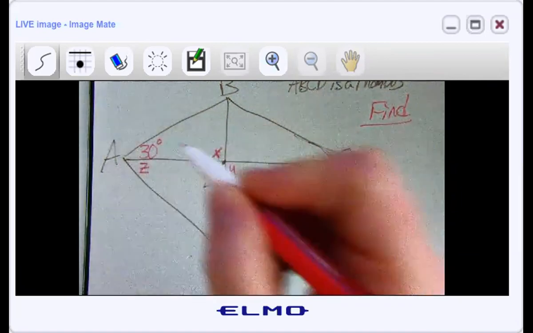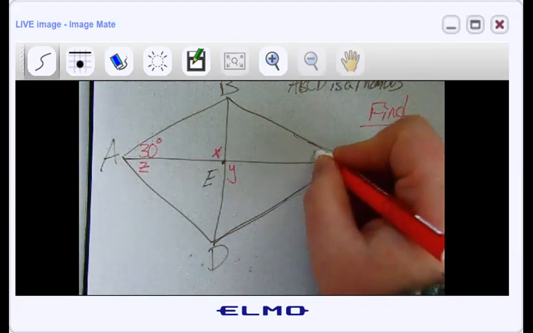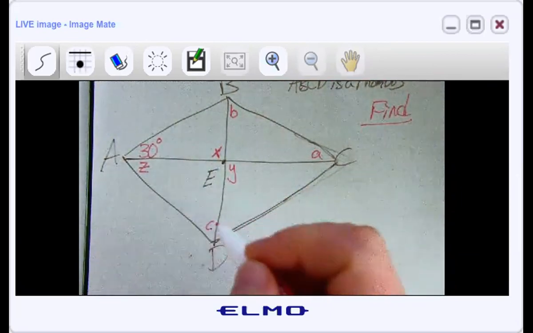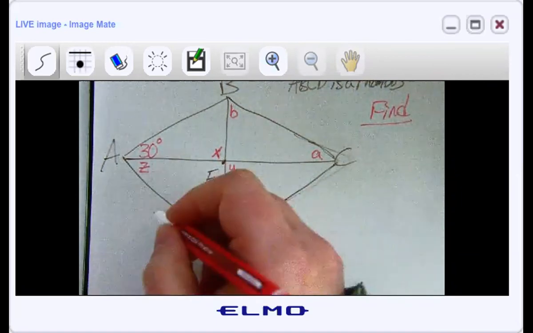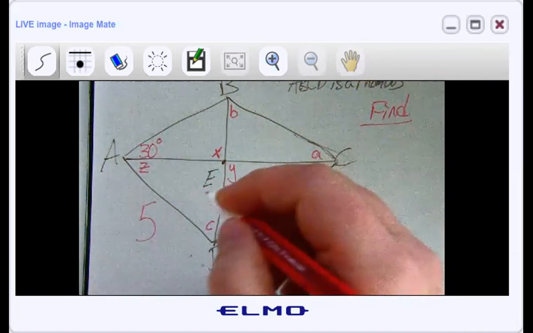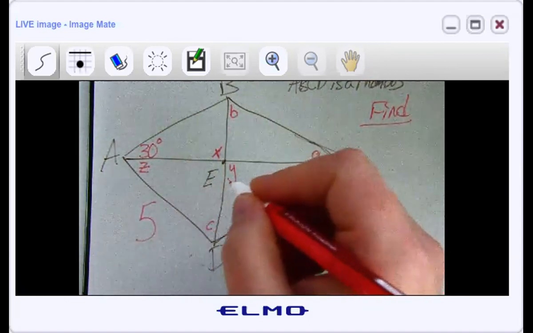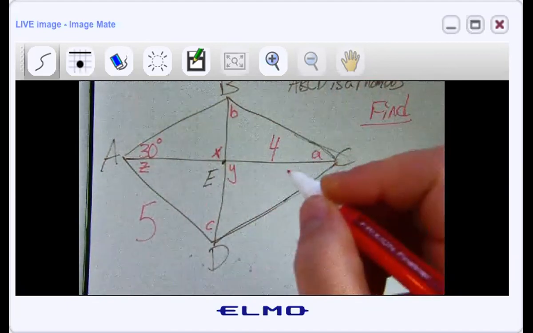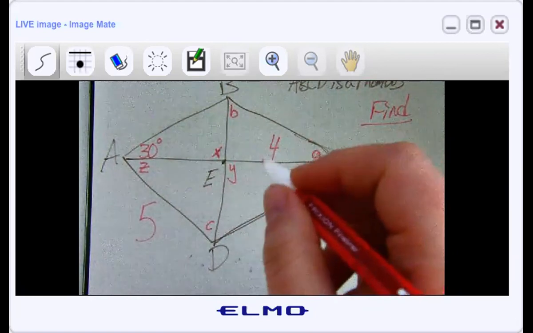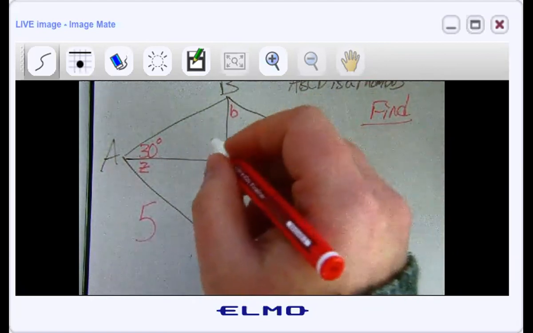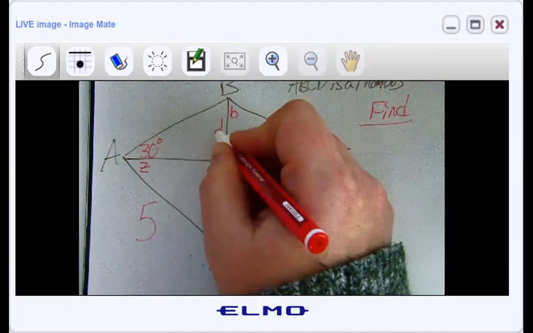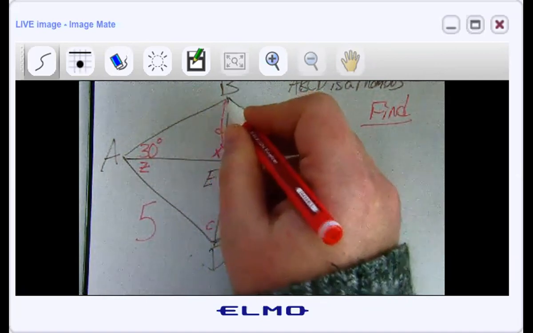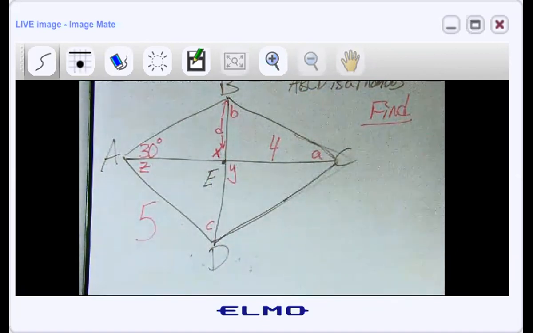So find me z, find me a, find me b, find me c. Let's say that this is 5. And let's say this is 4. So what did I do? A, B, C. I'm up to D. I need you to find me D, which is the length of BE. F.